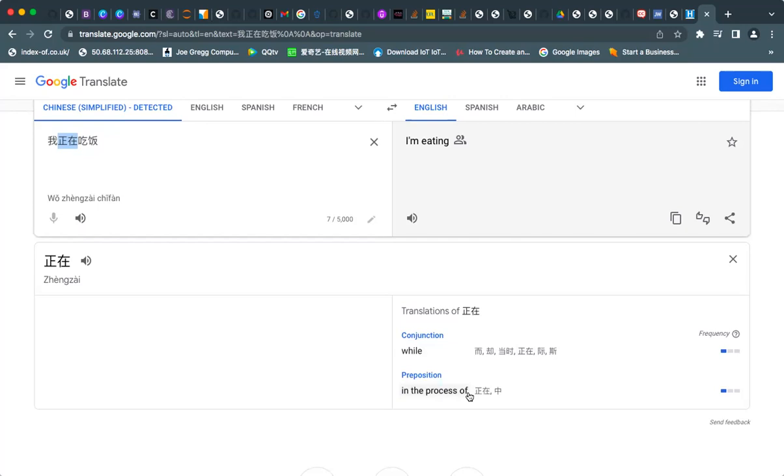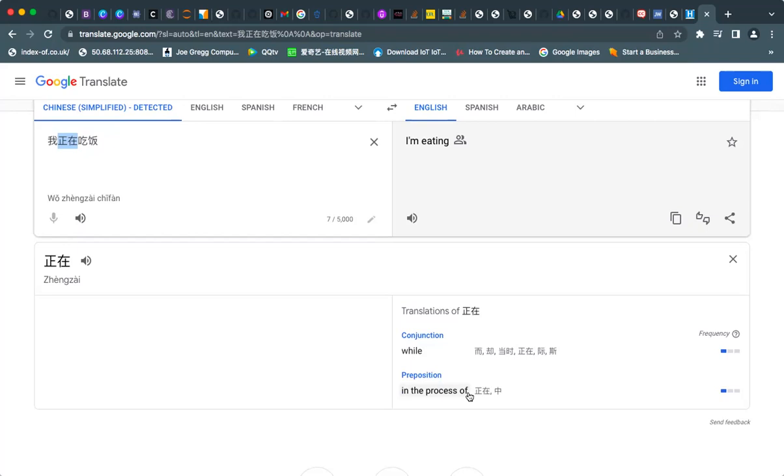Let me write it down. Is it first tone? They're both fourth. Four tones. 正在. 我正在吃饭.